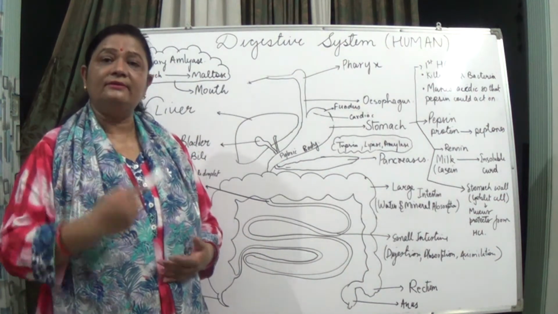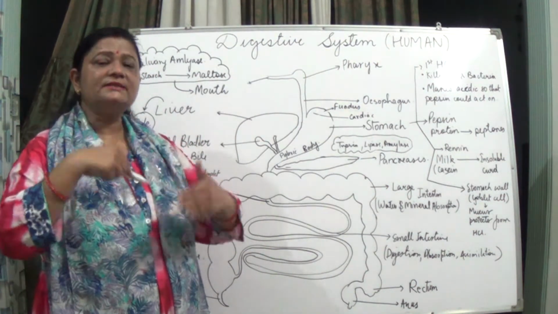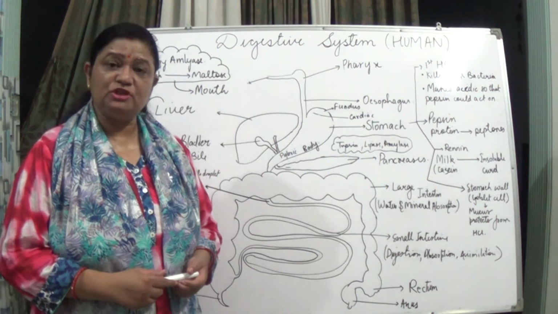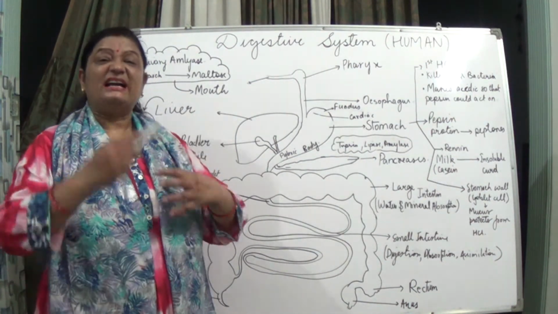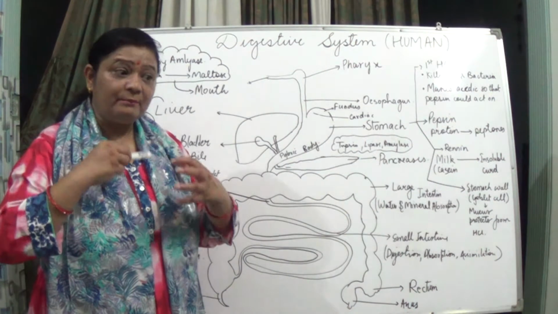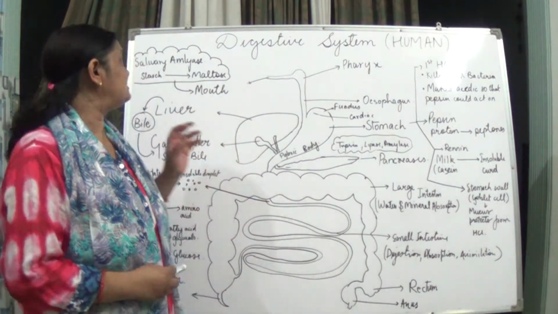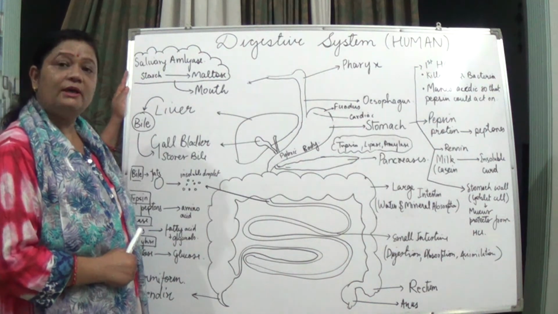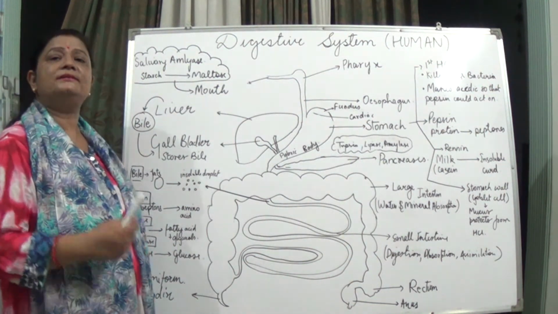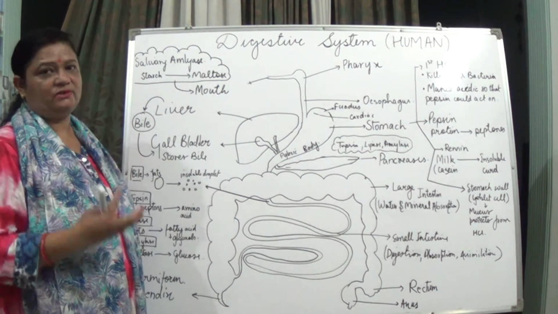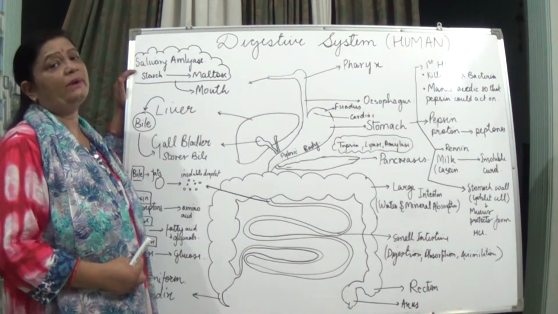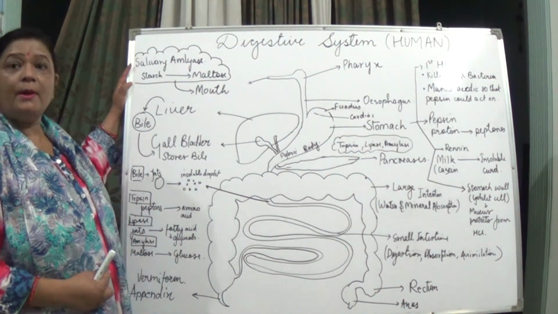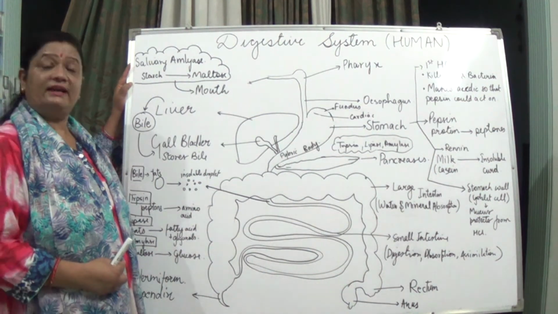The saliva helps in mixing the chewed food, and it consists of salivary amylase. What is that actually? It is the enzyme secreted by the salivary glands.